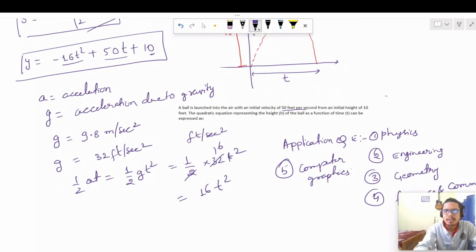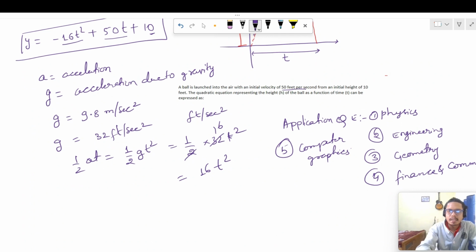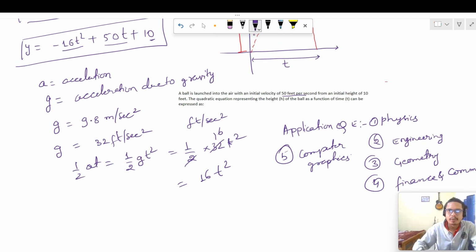There are a number of methods that are used to solve quadratic equations. In upcoming videos we are going to discuss those methods and how to use them to solve any given problem belonging to quadratic equations. Let's briefly discuss what those methods are. Mainly there are four methods.